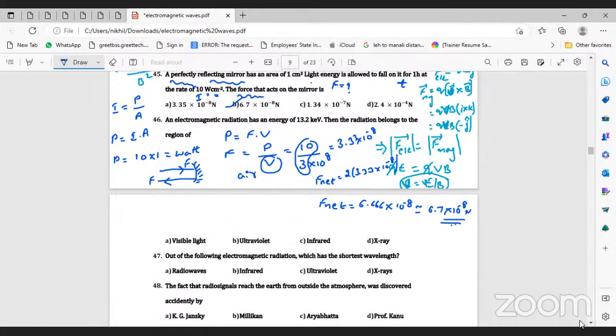Look at the next problem. An electromagnetic radiation has an energy of 13.2 kilo electron volt. Then the radiation belongs to the region of.